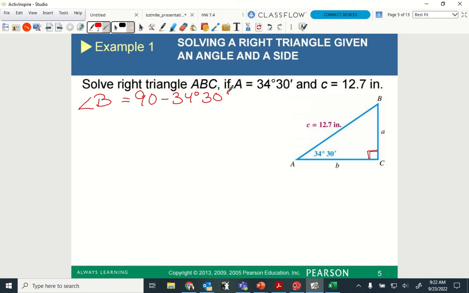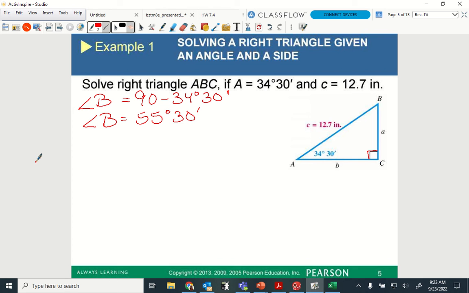Is that what it is? Do I have to put the answer in there? Yeah. Okay. So angle B, there you go.